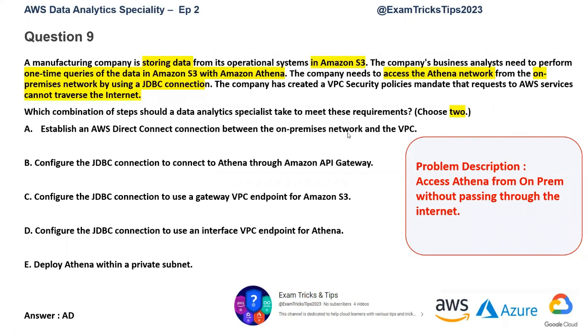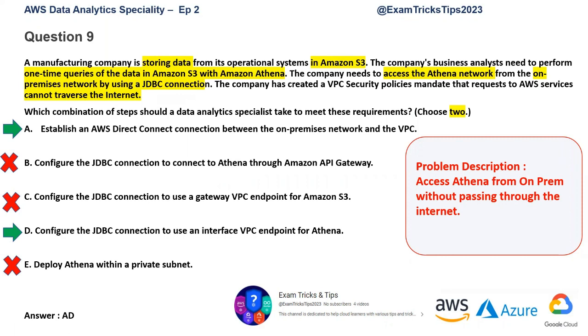you can now look at option A, which has an AWS Direct Connect connection. That's what we need. And we also need a JDBC VPC endpoint for Athena, and that's your option D. Others, you cannot really use, because as per the documentation you saw, these options A and D give you the correct answers.